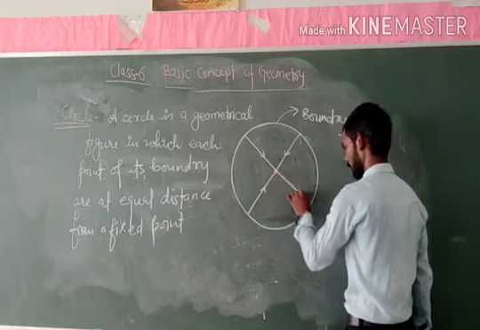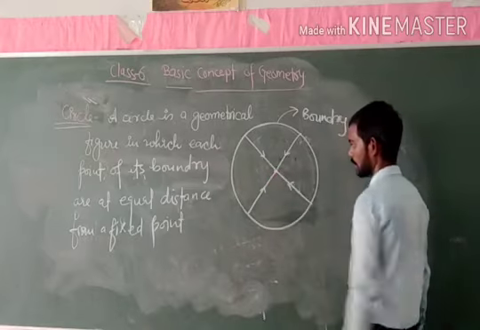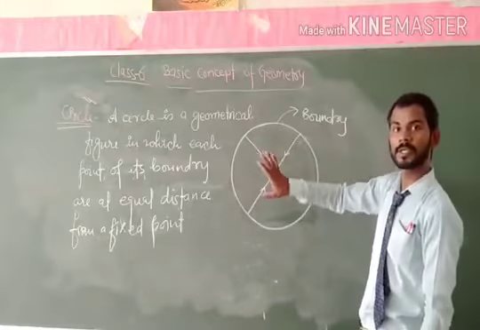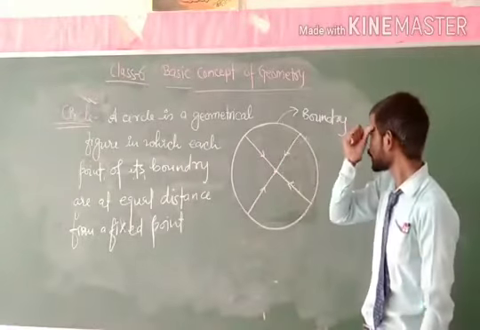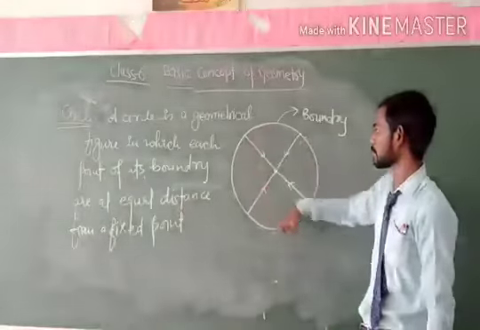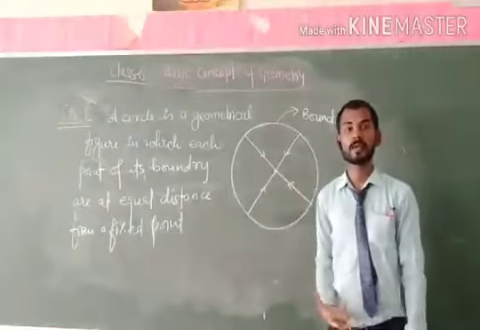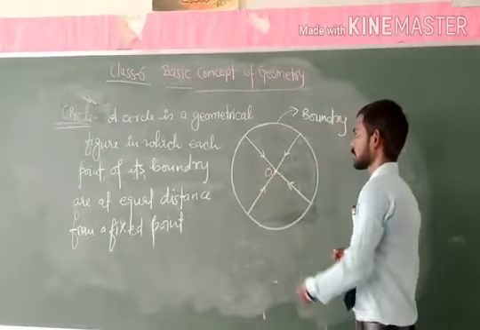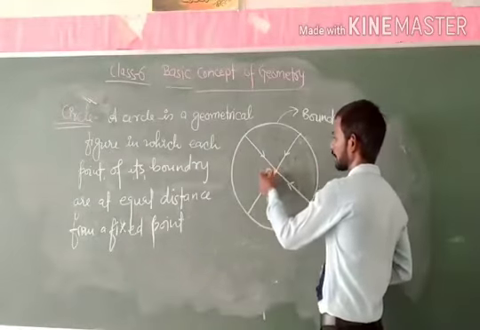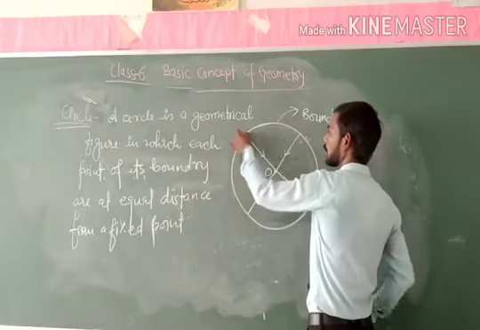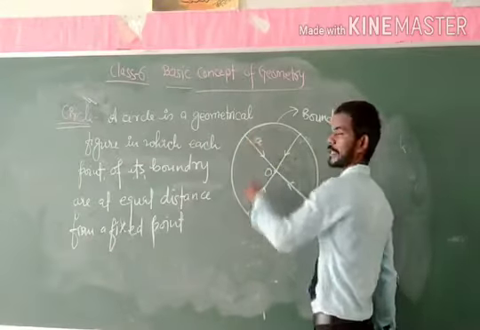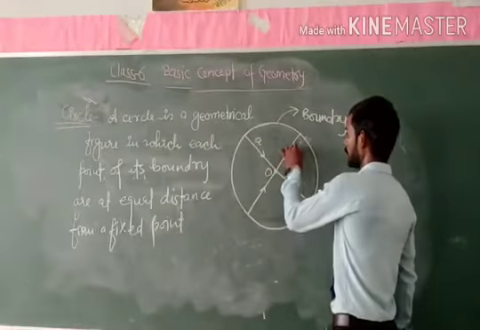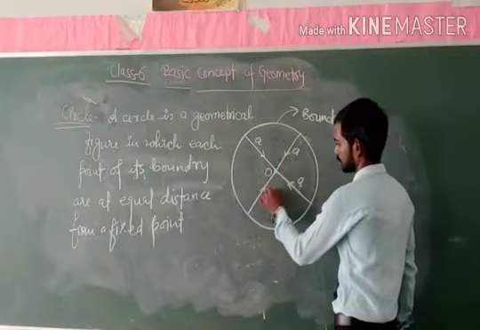Here we can see that each point, I represent here only 4 points, but every point of its boundary is at equal distance from this fixed point O. Just suppose that the distance from O to the boundary is a centimeter, then each distance is a centimeter.